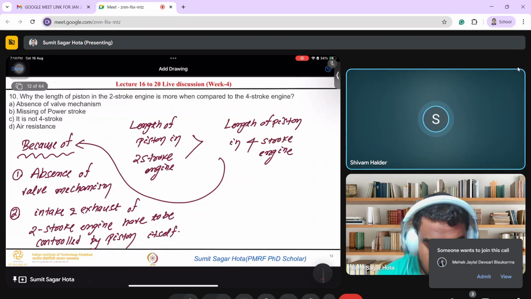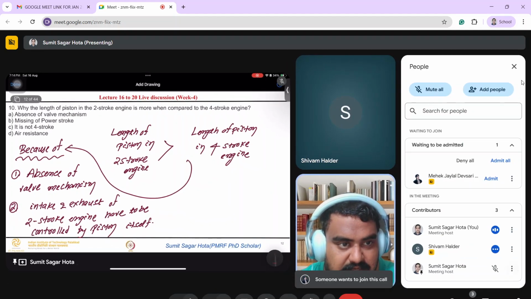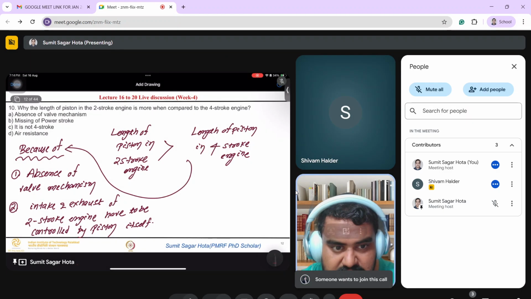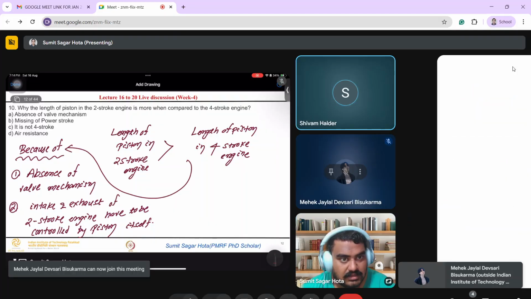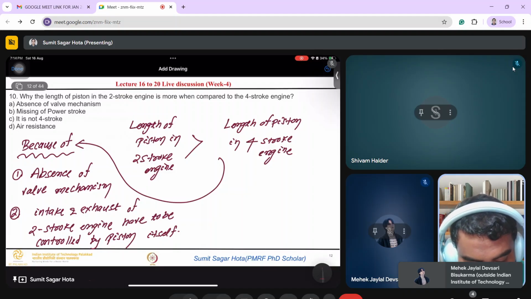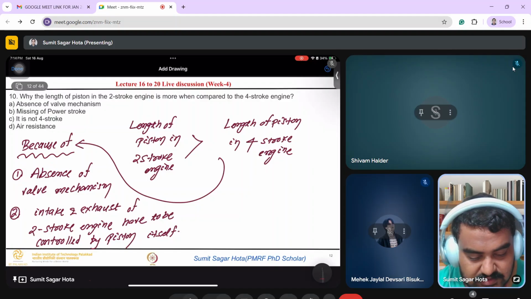So I was asking whether these questions will come in GATE. Yeah, similar questions. Mostly the questions I am taking, you can see similar questions directly in GATE. There is a chance. And maybe I will solve some Otto cycle questions today.